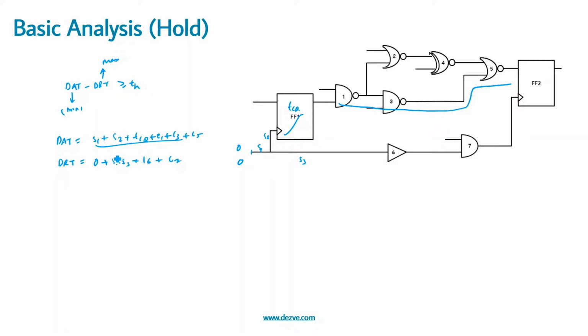Now based on this, the hold will require that the data should come after all this combination, the data should still come after the data required time by T hold, correct? You get this idea, correct?